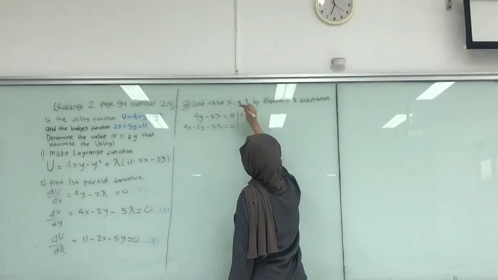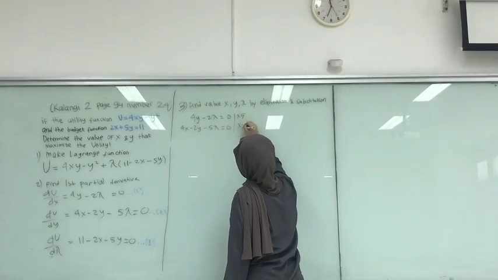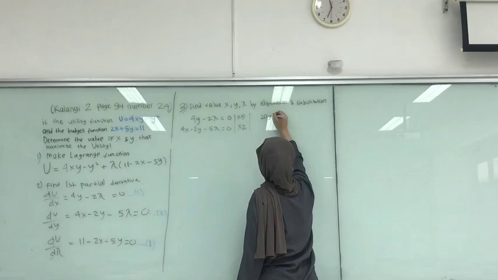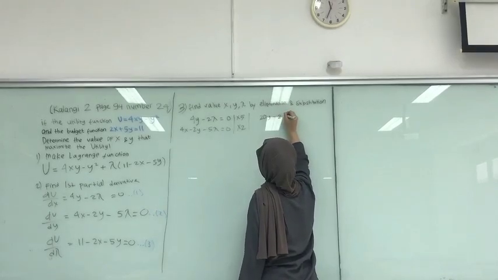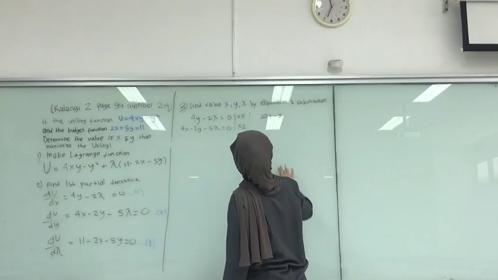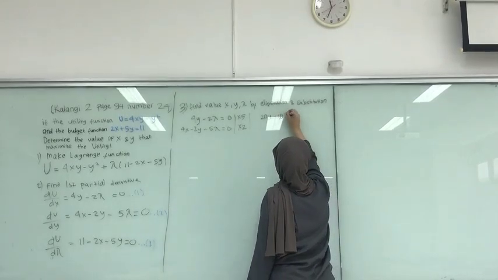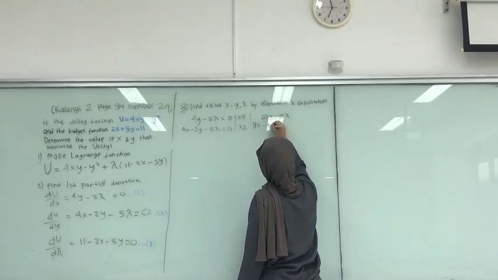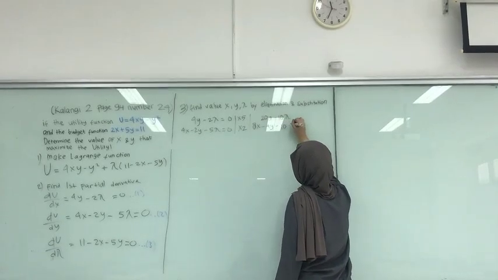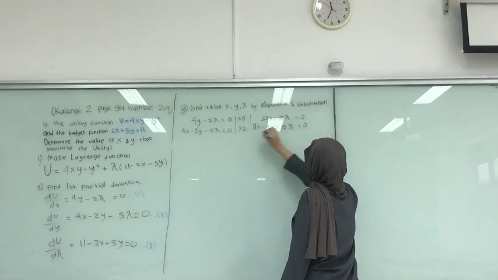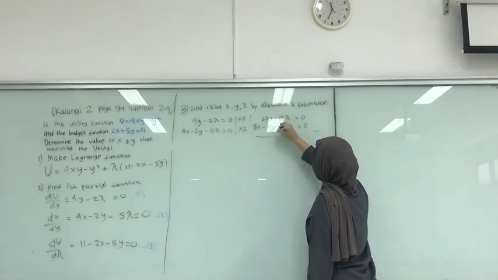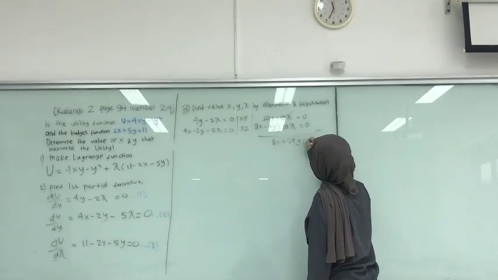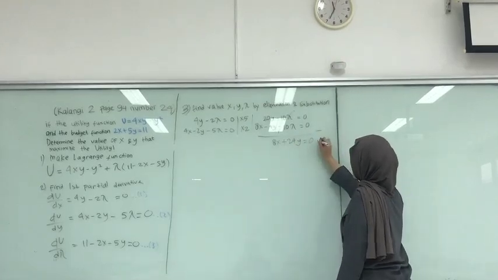The first equation we times with 5, and the second one times with 2. So here we got the fourth.